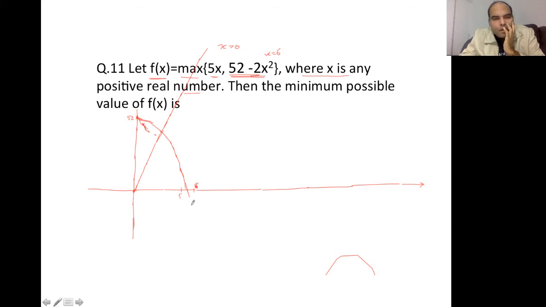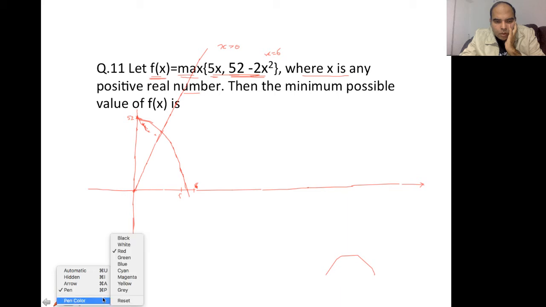Now, when you look at the f(x) function, it is basically the max of these two functions. This is the intersection point of these two graphs.